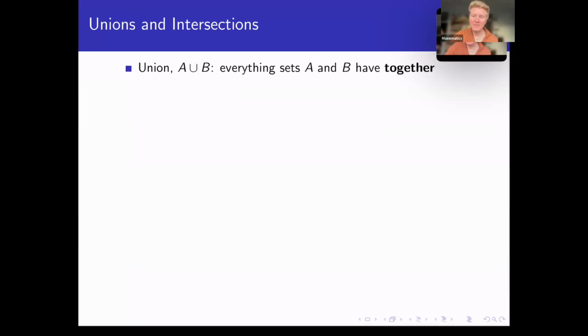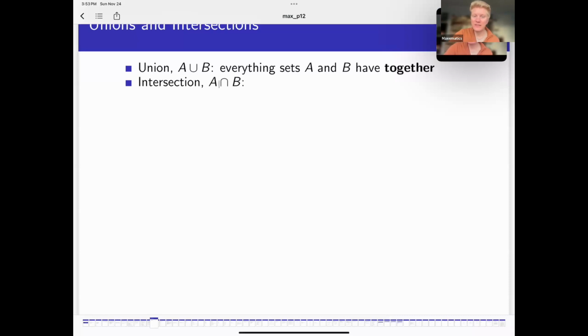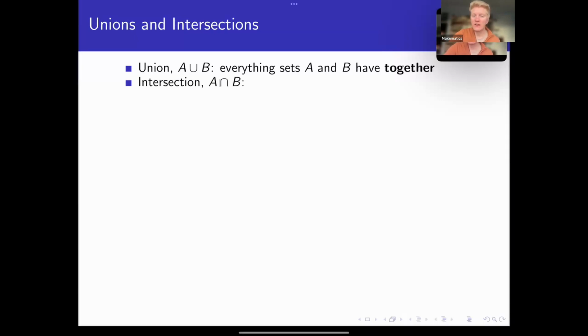So you take A, you take B, and you put them together. Okay, well, then we have intersection. So A intersection B, denoted with this upside down cup, upside down U. This would be everything that sets A and B have in common. So that's actually kind of interesting. This isn't what they have together. It's strictly what they share.